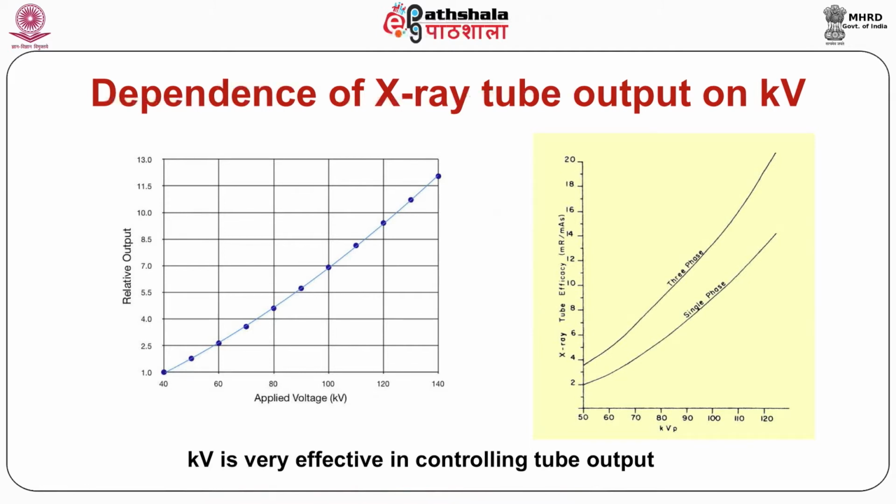Indeed, X-ray tube output is proportional to exposure time. Thus, photon intensities are proportional to the product of tube current and time, that is mAs. This effect of tube current and time has been shown in the given figure when the X-ray machine is operated at 60 kVp.